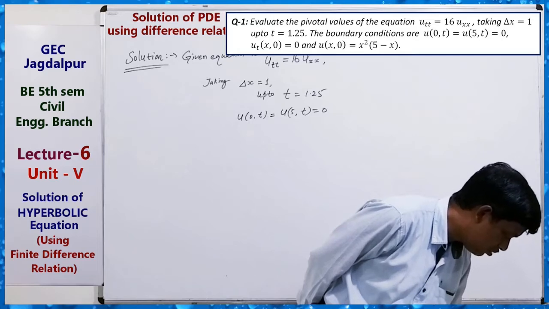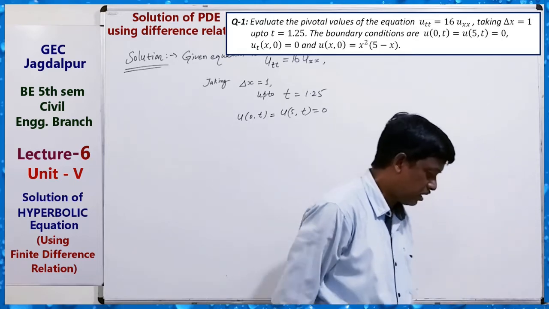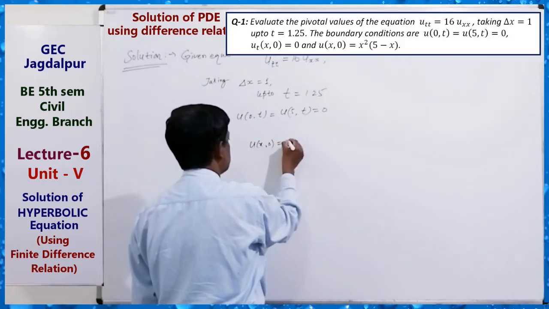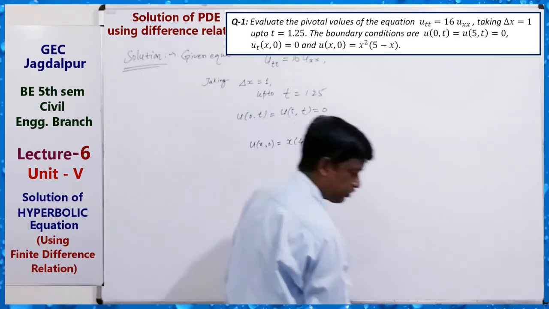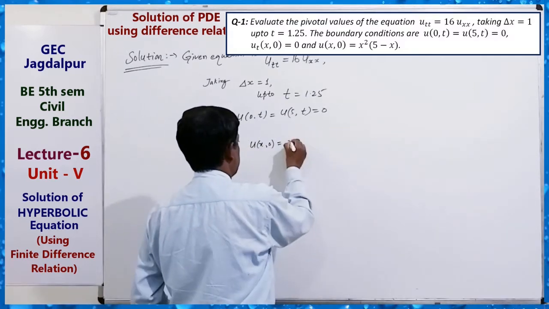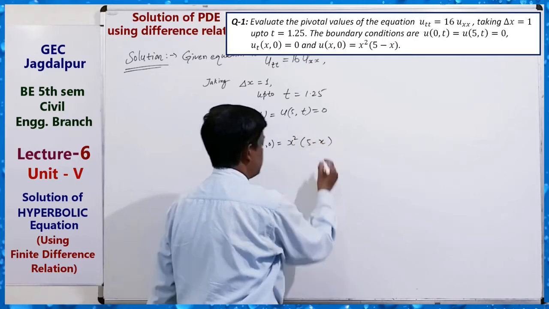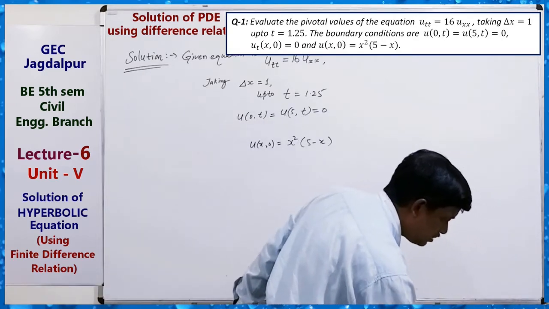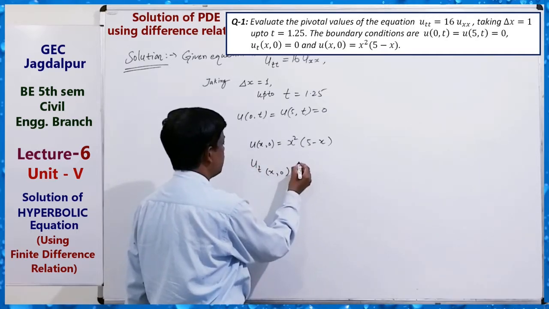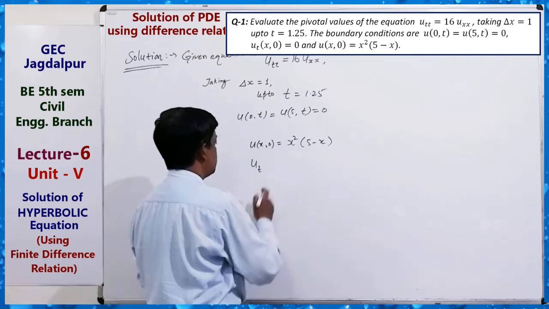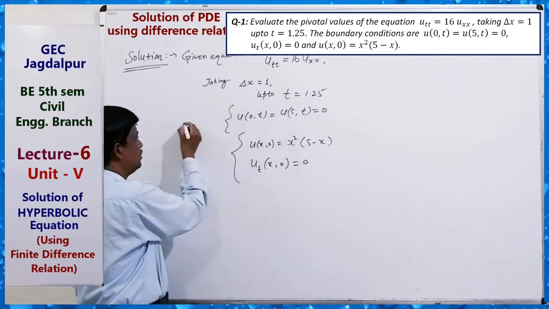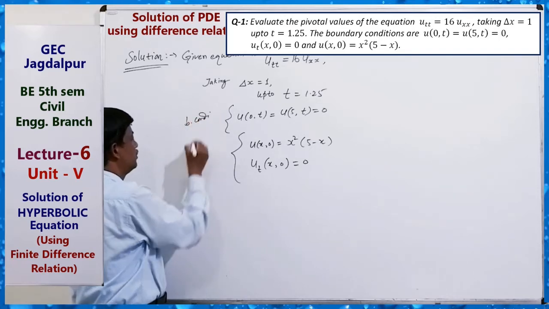The initial conditions are u(x,0) equals x squared (5 minus x), and u_t(x,0) equals 0. This is the boundary condition, and this is the initial condition.